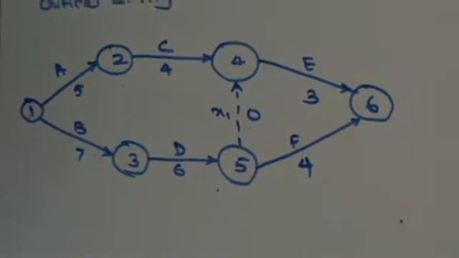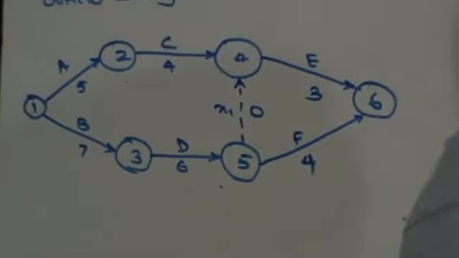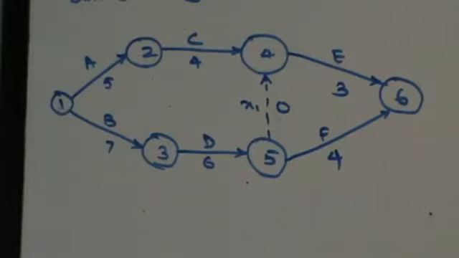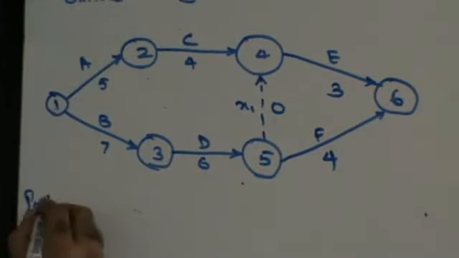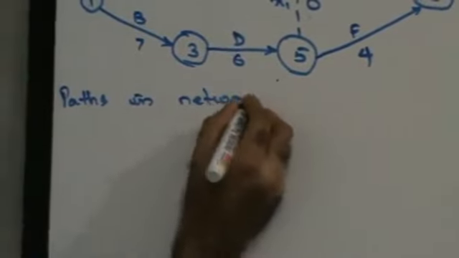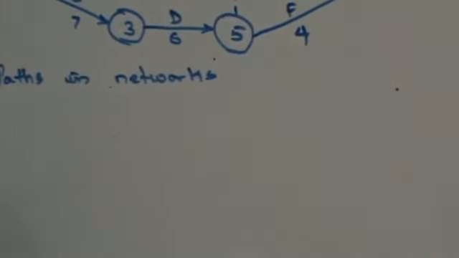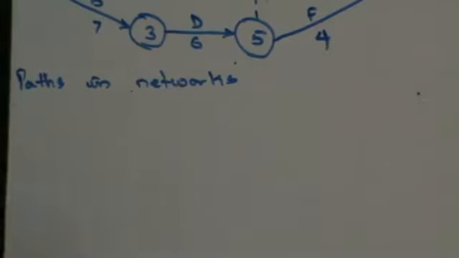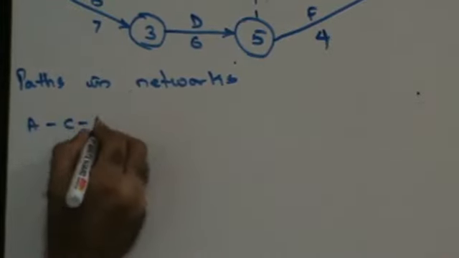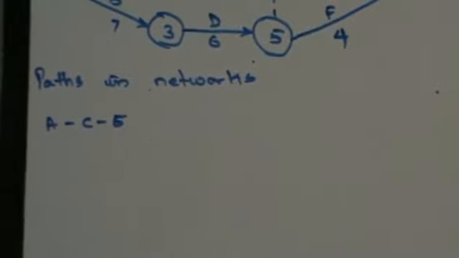Once my network diagram is done, let us see the various paths in this network. The various paths from 1 to 6: I can go ACE. Why did you join 4 and 5?